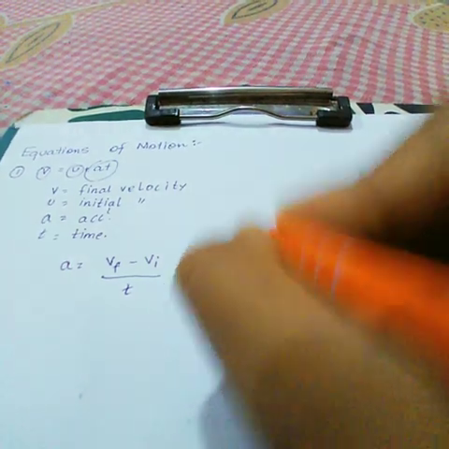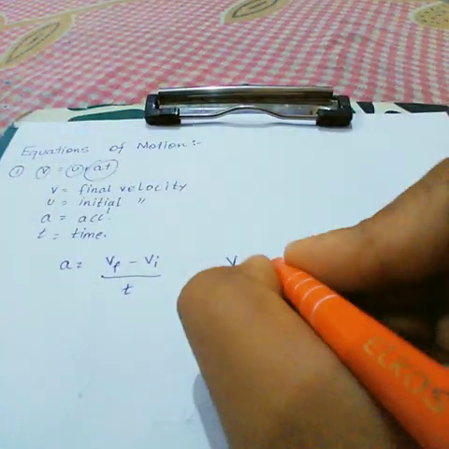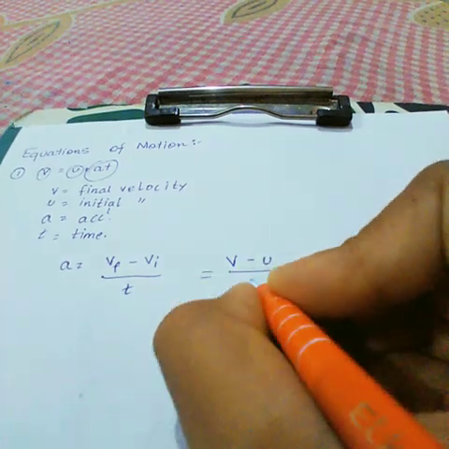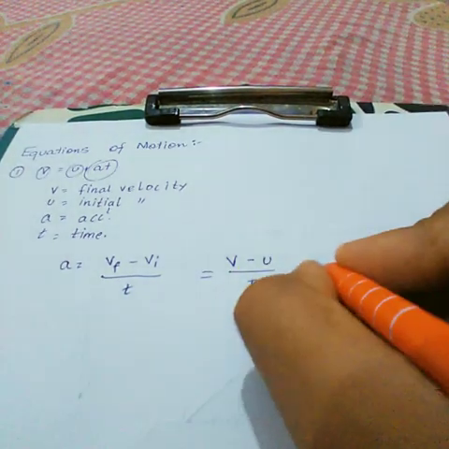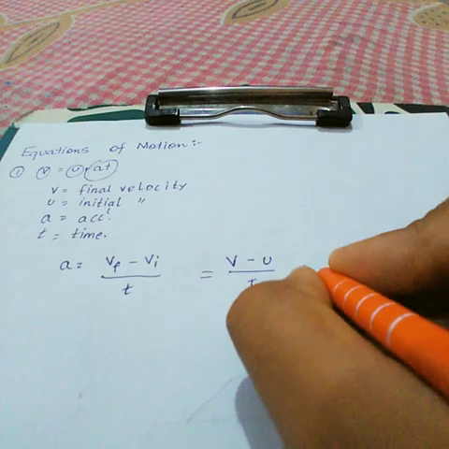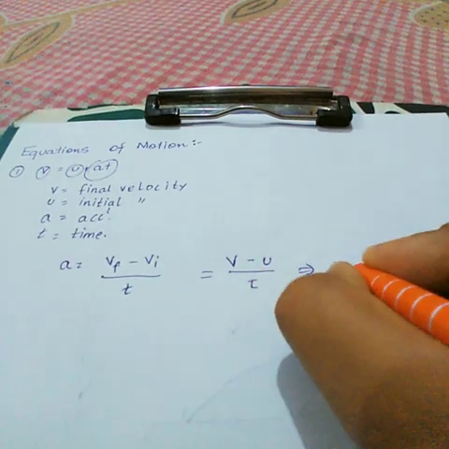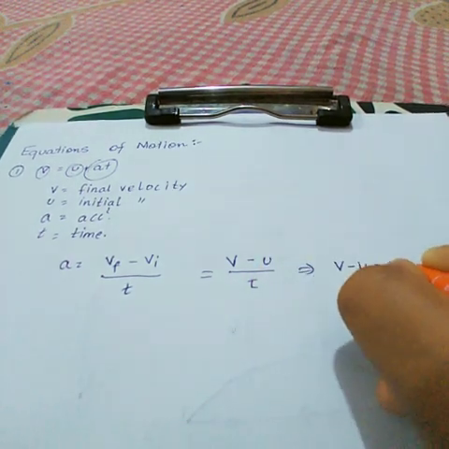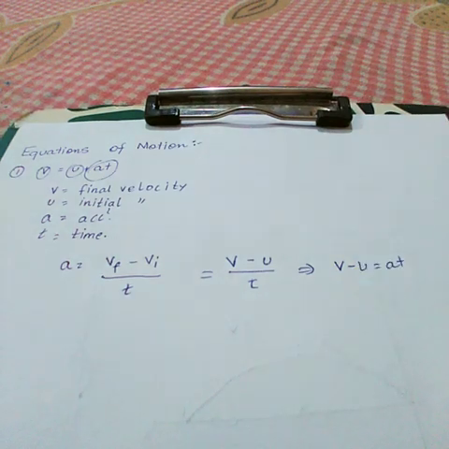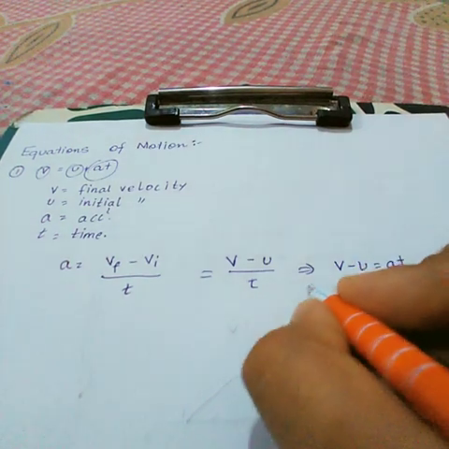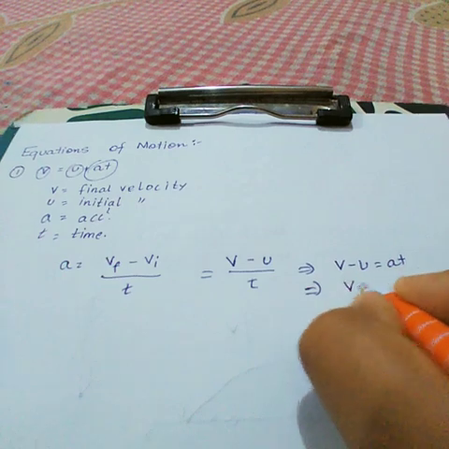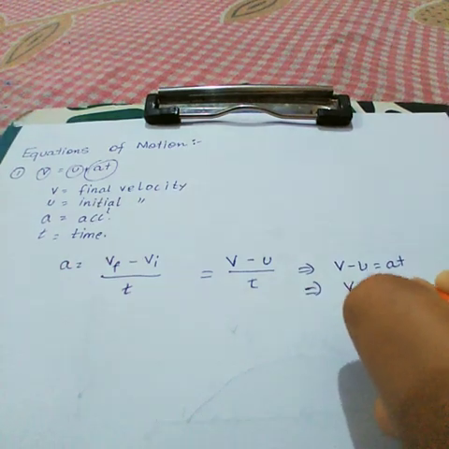So v minus initial velocity u by t. A equals v minus u by t. So v minus u equals at. Then we can say that v equals u plus at.